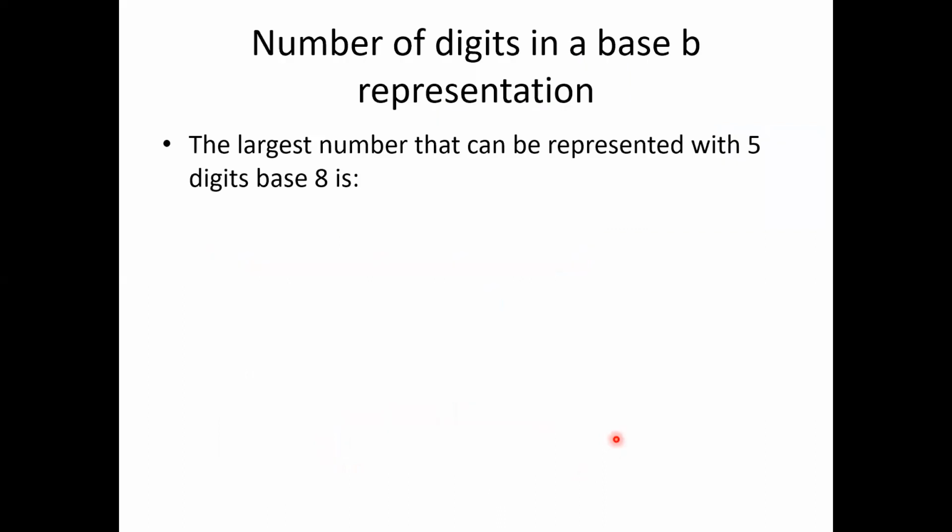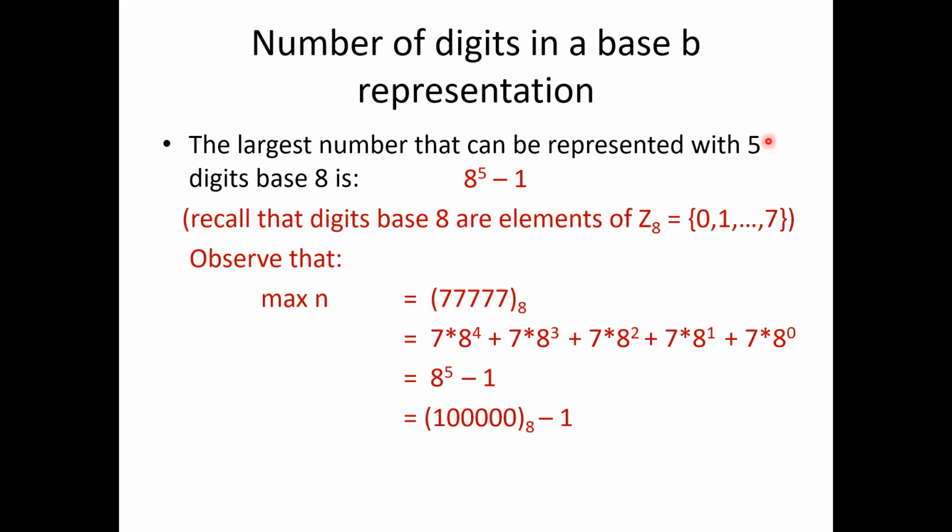Okay. A common question: what's the largest number that you can represent in base B with a certain number of digits? So let's say base 8, and I have 5 digits. What's the largest number? Well, in base 8, the largest digit is 7. So this is the largest number, and it corresponds to this following expression.